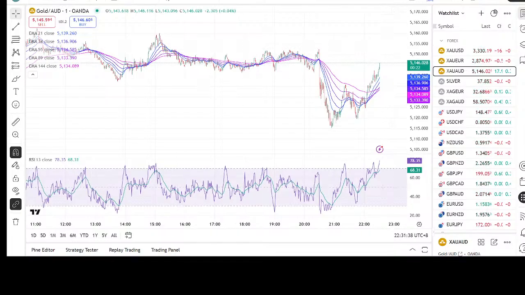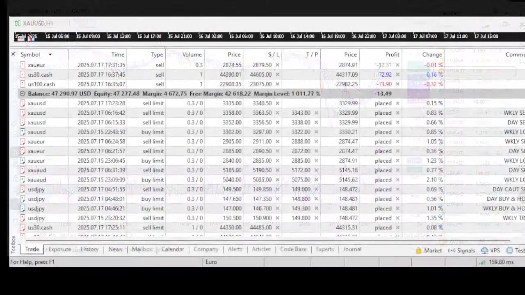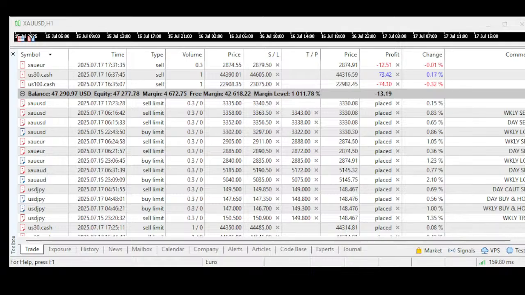This is going to be our final attempt for gold Aussie. If we go wrong on this, I think we want to forget about this trade. Okay, we'll put it as 48 half and 54 half.